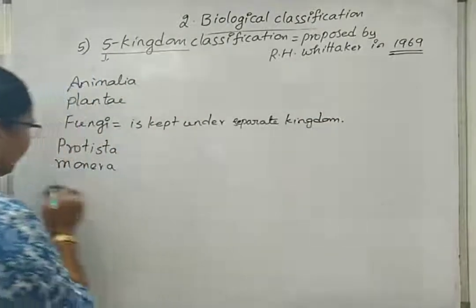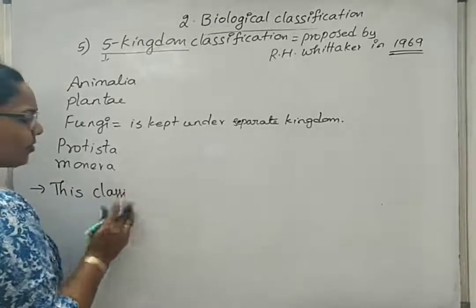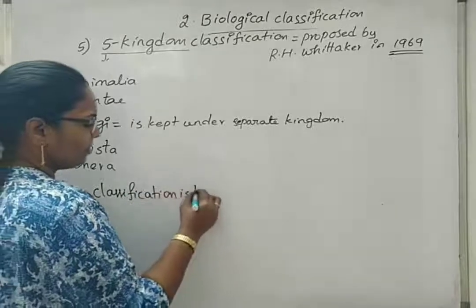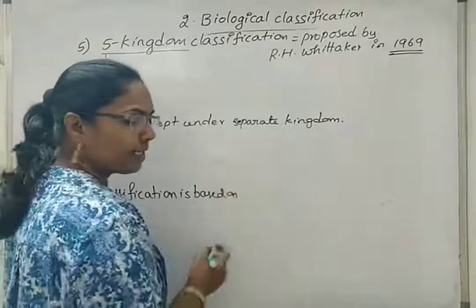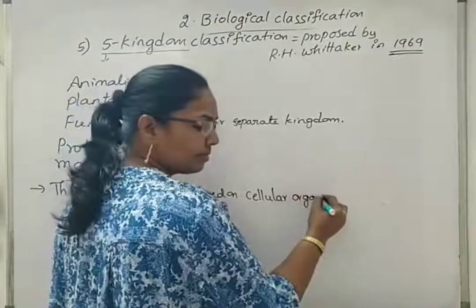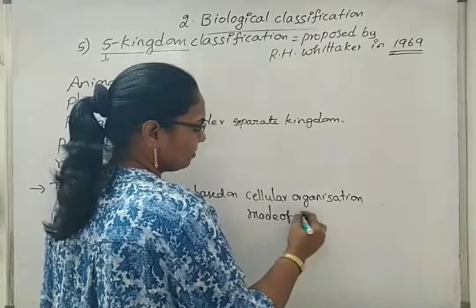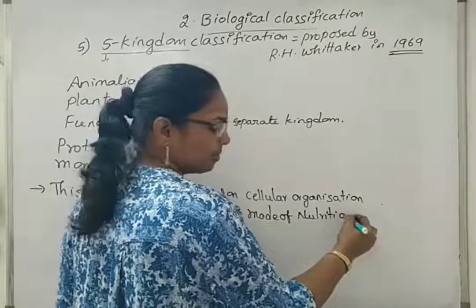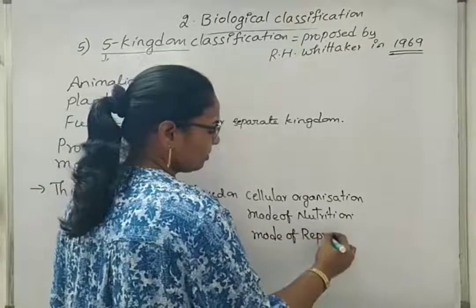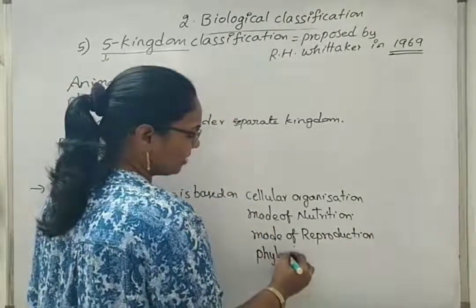So Whittaker's classification is based on phylogenetic relations. Based on, again, cellular organization, mode of nutrition, next, mode of reproduction, next, phylogenetic relations.